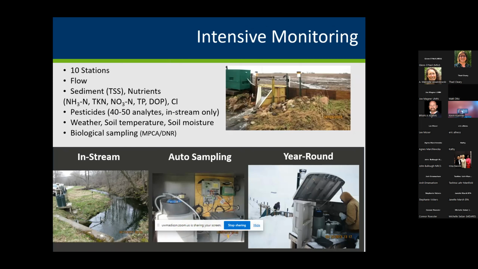It's a pretty intensive, long-term project that we continue today. We're about to start our 14th year of monitoring in these little watersheds, which are no more than 5,000 acres each.